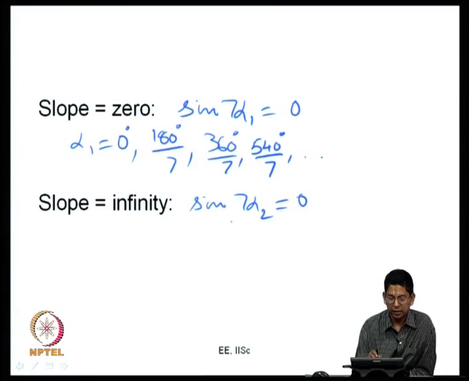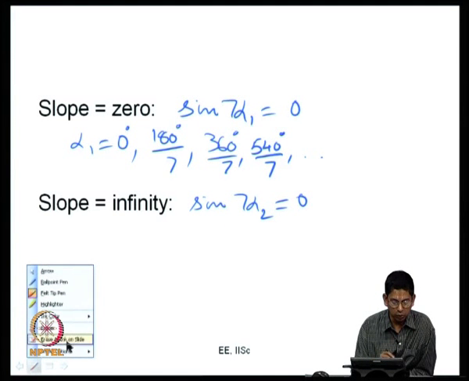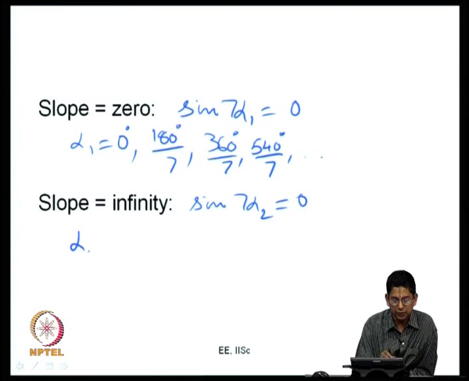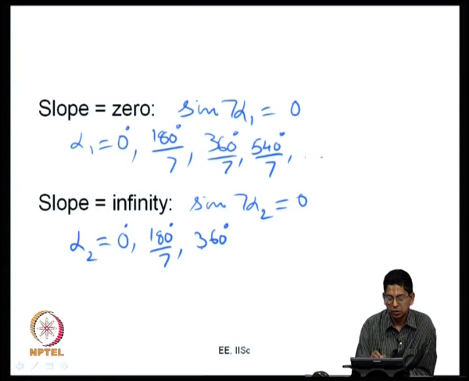Similarly, you look at wherever the slope is infinity, the curve is vertical. So, sin 7 alpha 2 is 0. Same way, this is satisfied whenever alpha 2 is 0, alpha 2 is 180 by 7, alpha 2 is 360 by 7, 540 by 7 and so on.